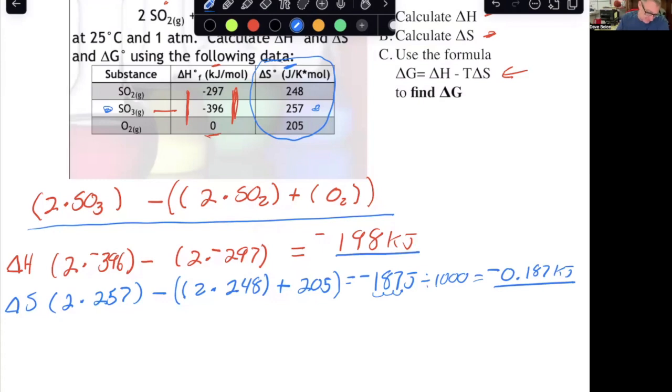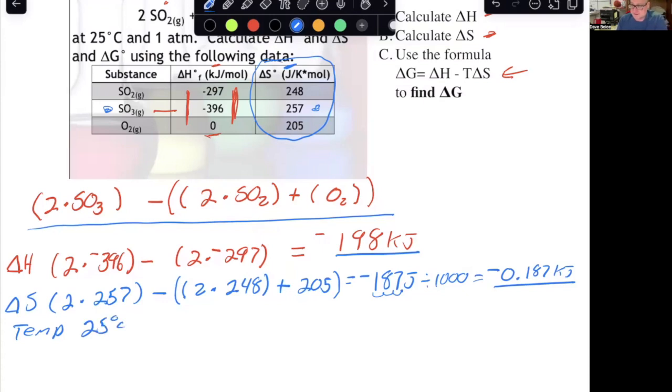So now I have my delta S, my delta H. I'm almost there. The last thing I need to worry about is temperature. And remember, in these problems, standard room temperature is considered 25 degrees Celsius. It does happen to say that in this question, but it won't always say that. You need to make sure you know that. That's different than STP with gases. So chemistry can be weird sometimes. So 25 degrees Celsius.